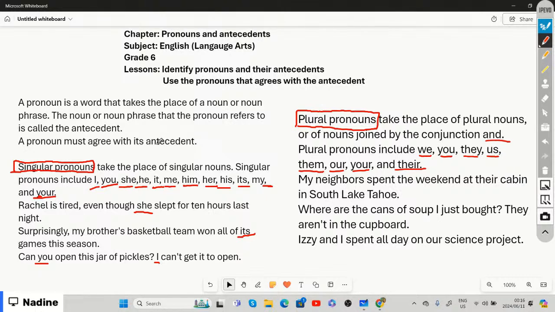And an example of sentences with plural pronouns is, for example, my neighbors. You see, neighbors refers to more than one neighbor. My neighbors spent the weekend at their cabin in South Lake Tahoe.